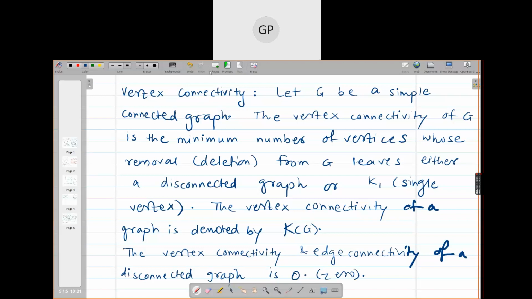Can we have the examples? Yes, ma'am. So now you tell me. How many minimum vertices I will have to delete to make the graph G1 disconnected?